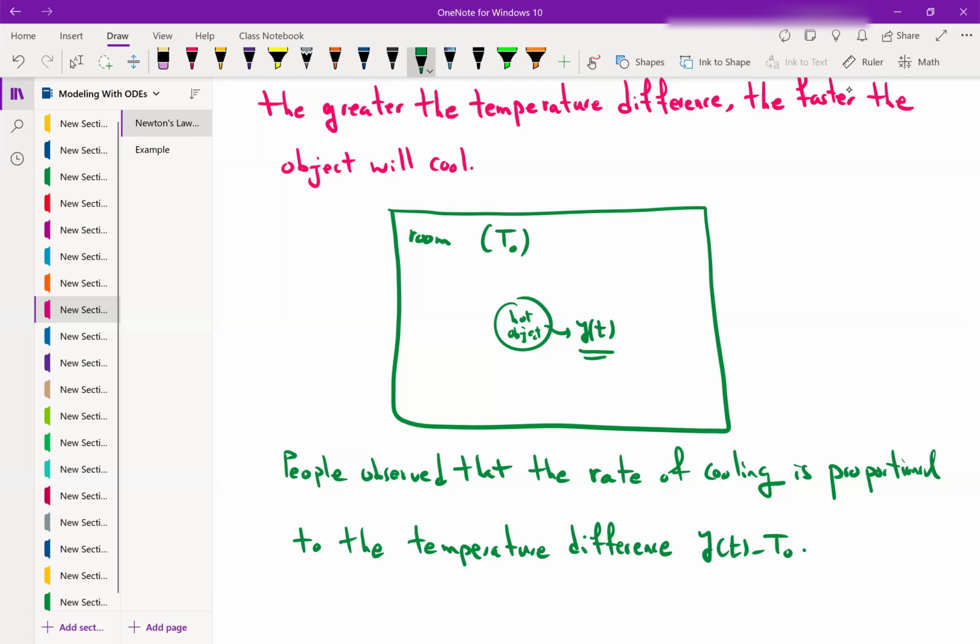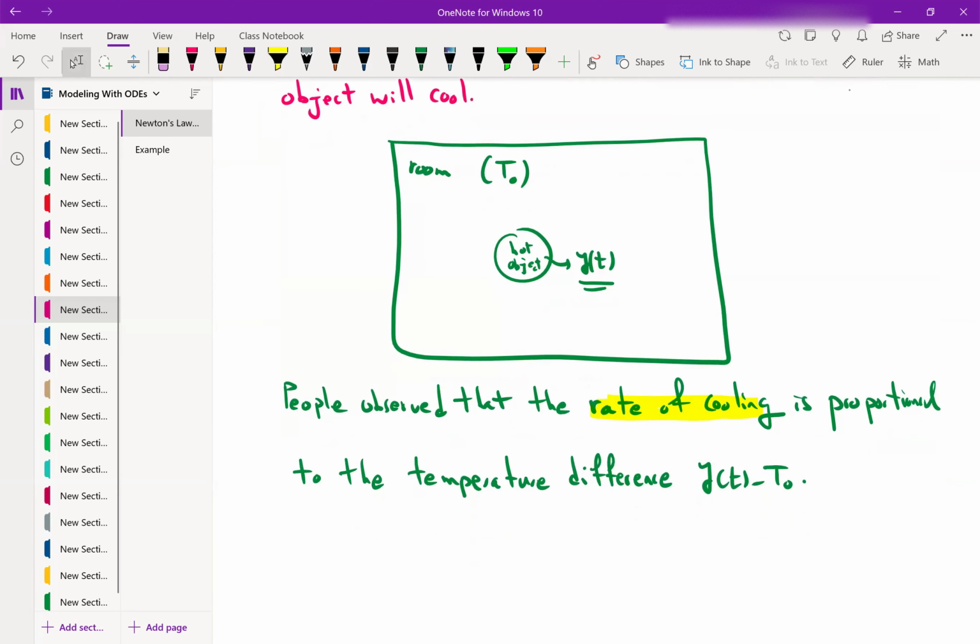And how can we translate this into the language of mathematics? Now, you all know, as soon as you see this term, rate of change in the temperature, rate of cooling, that is telling you about the derivative with respect to time.